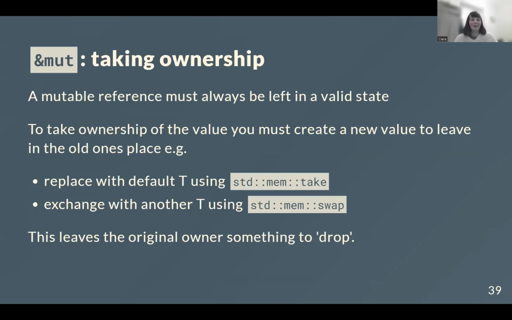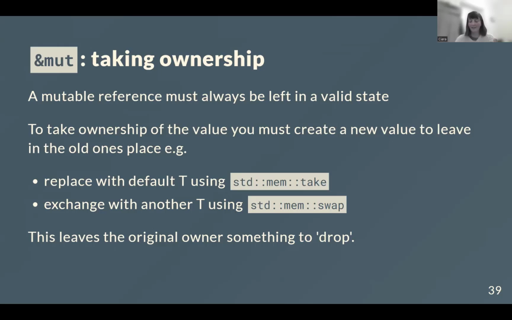When you have a mutable reference, you always have to leave it in a valid state. You can still take ownership of the value, but if you do that, you have to leave a valid new value in its place so that the calling code still has something to call drop on. And the way you can do that is replacing it with a default value using std::mem::take, or you can exchange it with some other T using std::mem::swap, and that leaves the original owner something that it can drop.